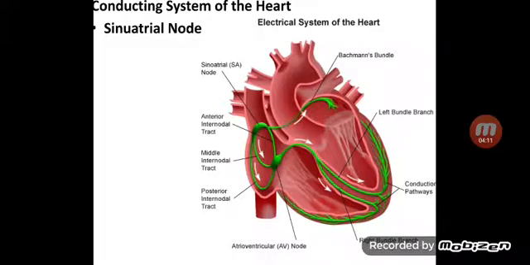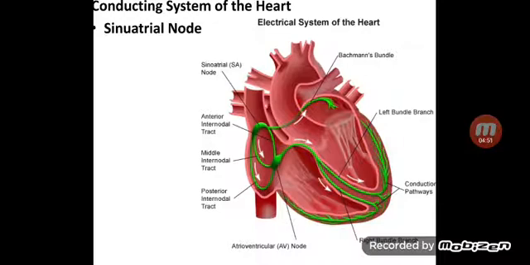What is the conducting system of the heart? It consists of specialized cardiac muscle fibers. It starts in the SA node. It consists of the SA node, you see in this slide, the AV node, or we call it the atrioventricular node, and the atrioventricular bundle, then the right bundle branch and left bundle branch, and finally the subendocardial plexus of specialized cardiac muscle fibers named Purkinje fibers.